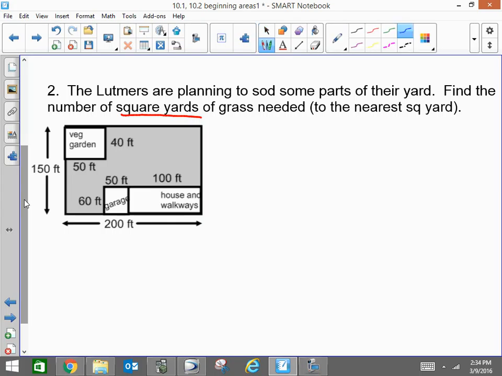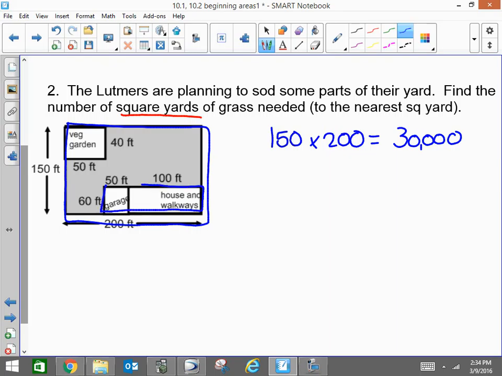Okay, so I think the easiest way is to take the whole thing. And then what's that? 30 with a bunch of zeros, 30,000. And then take this piece out. What are the dimensions of that piece? 160 by 150, and then 100.